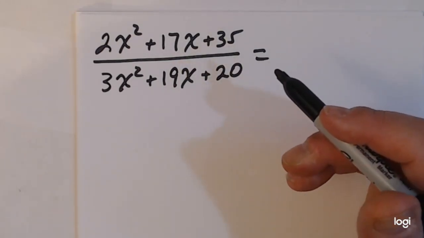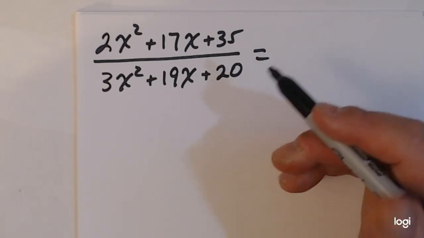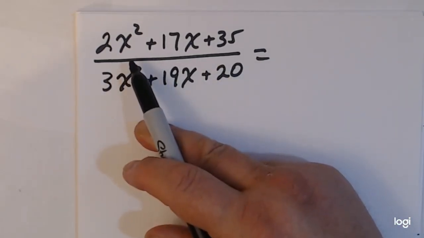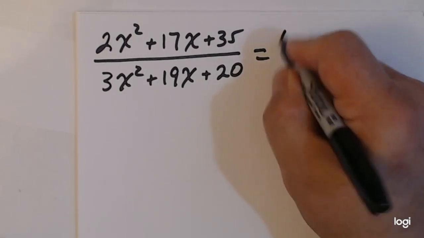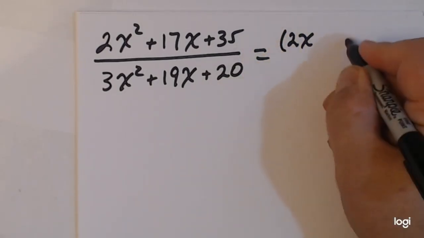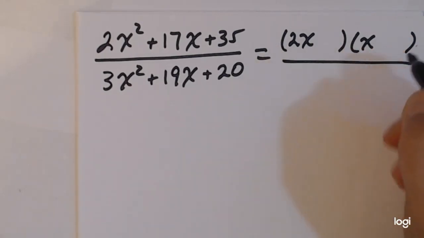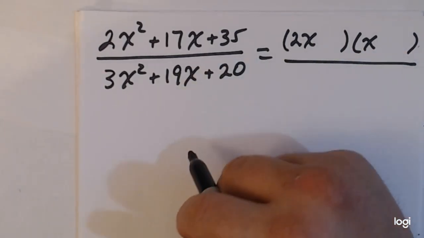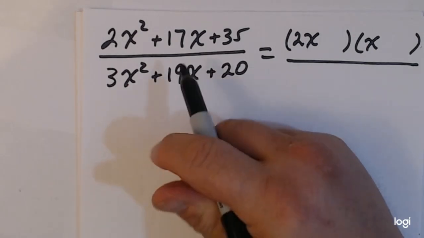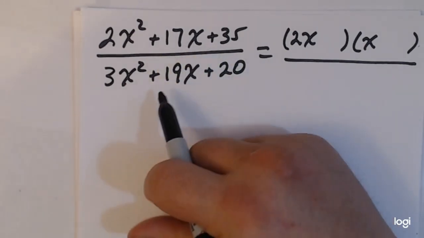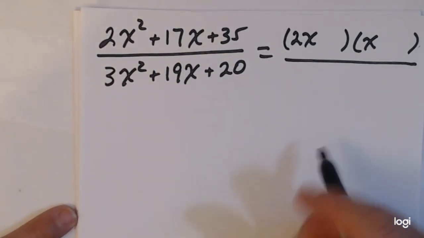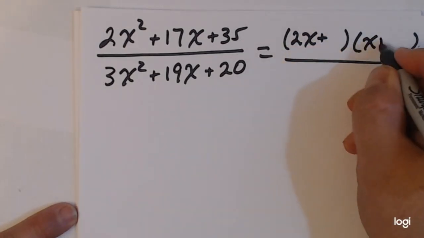That's what our choices are. So we're going to have a 7 and a 5. And we're starting off with a 2x. So it's going to be 2x and an x and a 7 and a 5 here. Now, these are both plus signs, so we're going to have plus on both of these.